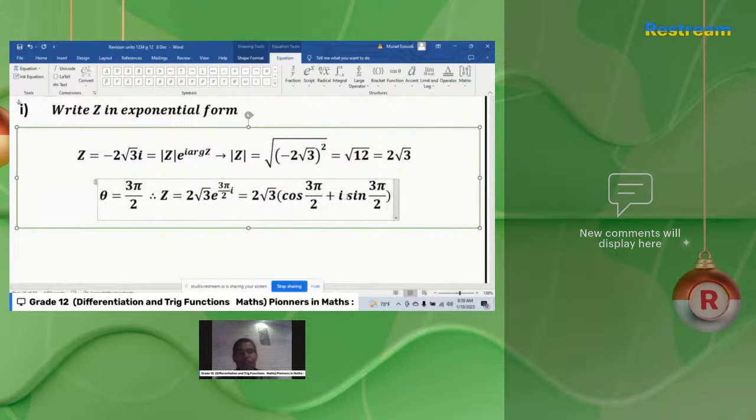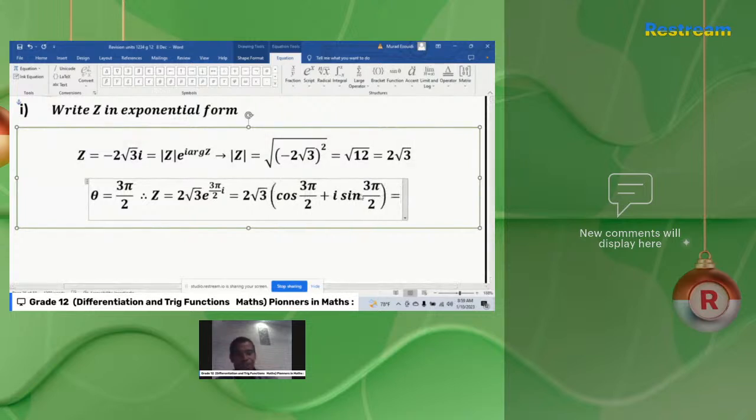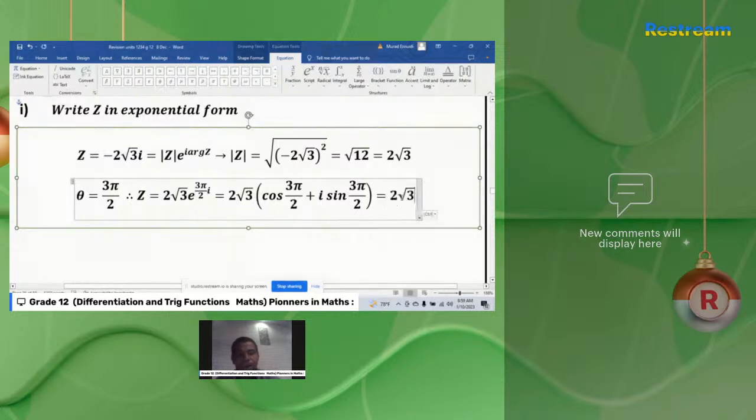You can note that cosine 3 pi over 2 is 0, so this gives 2 root of 3 multiplied by i times sine 3 pi over 2, which is minus 1.